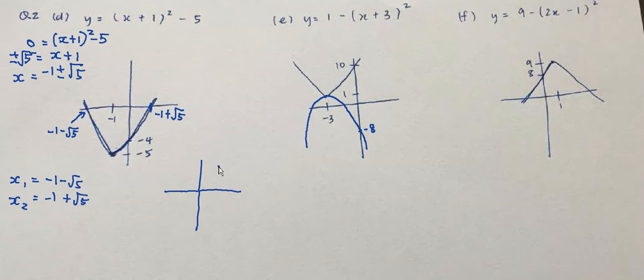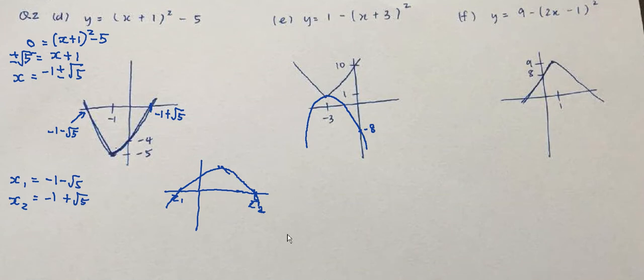Let's say this is your maximum point, this is your x-intercept x1, and this is your x2. When you sketch the curve, you get the curvature.